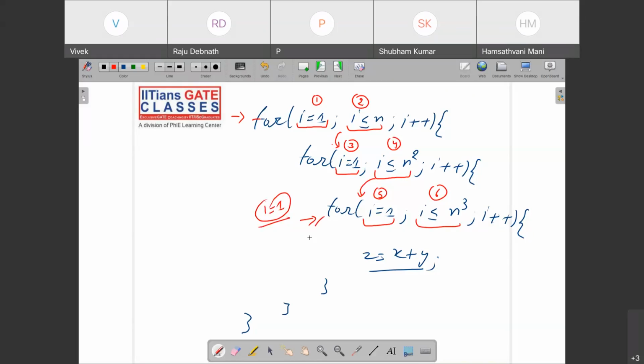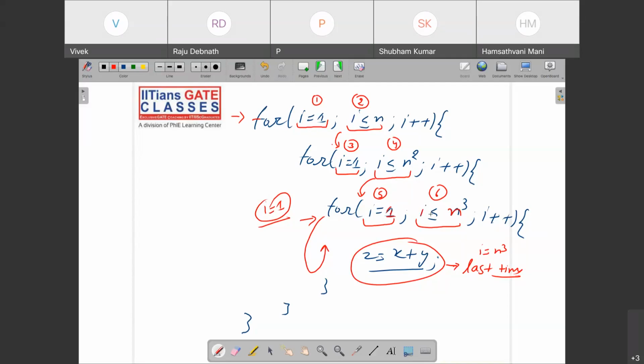Now, how many times will this for loop iterate? How many times will this line get executed? From I equal to 1 to n cube, right? These many times this will be executed. Once this line is executed the last time, the value of I is actually n cube.